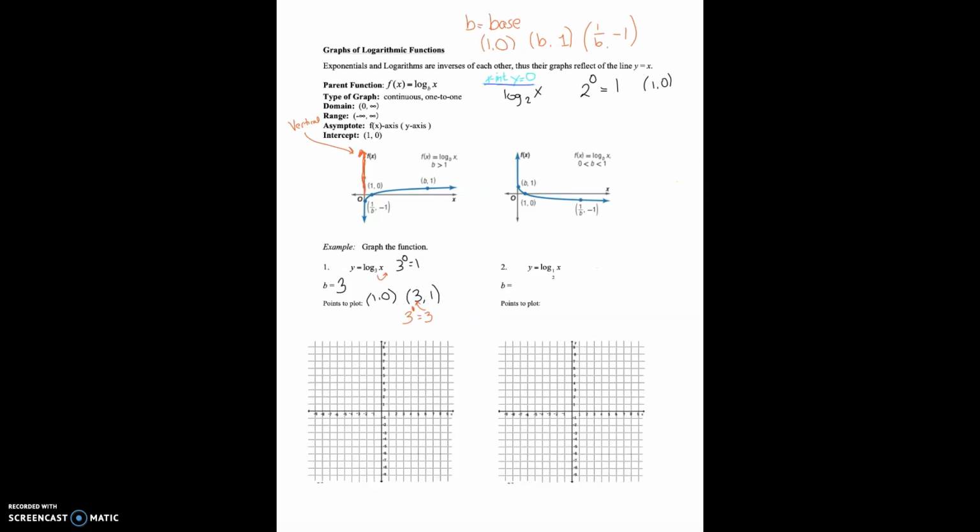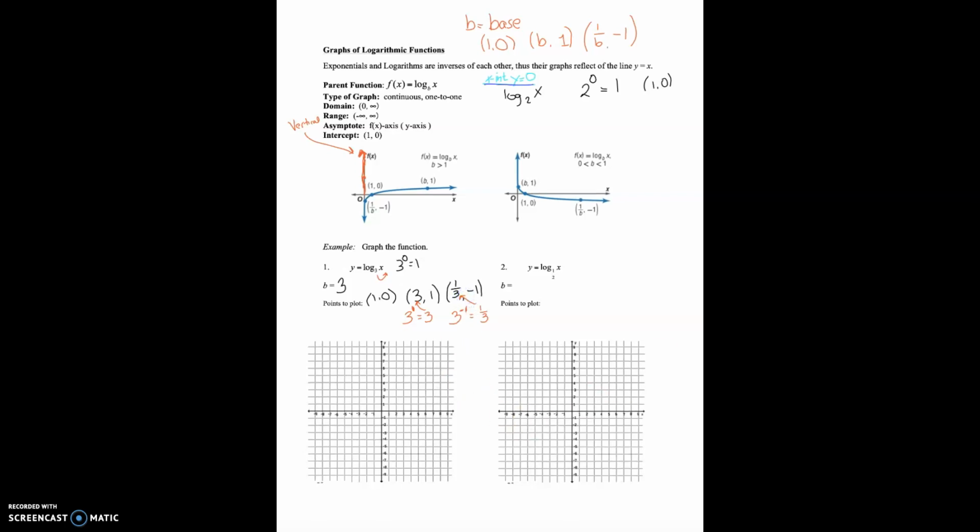The other point we're going to have is 1 over our base, which is 3 in this case, and negative 1. And why does that work? Let me change the color up again. So base 3, so 3 to the negative first power. And what is 3 to the negative first? Why, it's 1/3. And that's our x value.